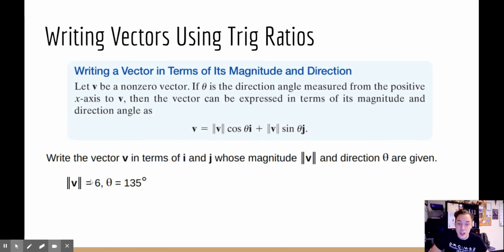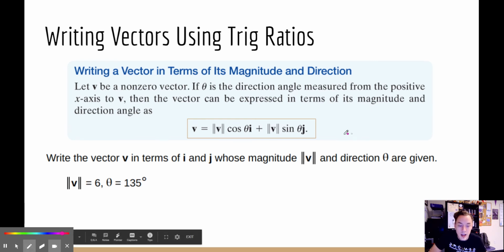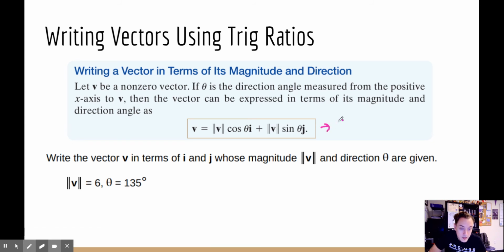So writing vectors using trig ratios, I'm going to use that formula. Let your vector v be a non-zero vector, so it just can't be 0, it needs to be something. And theta is the direction angle measured from the positive x-axis. Then the vector can be expressed in terms of this. Now, I don't really like using this formula. I'm going to use a separate formula. I'm actually going to use this one, where v equals the magnitude of v times cosine of theta i, plus sine of theta j.